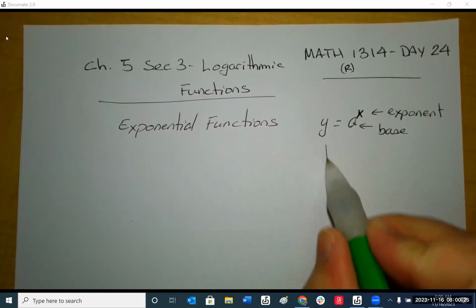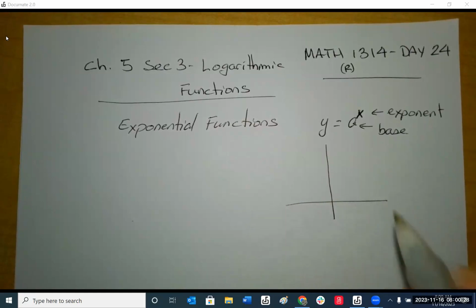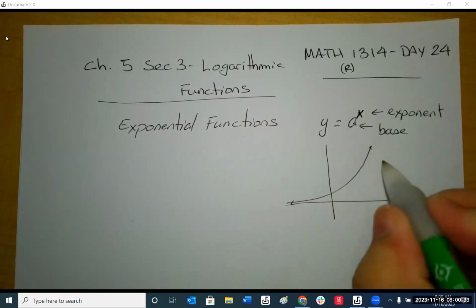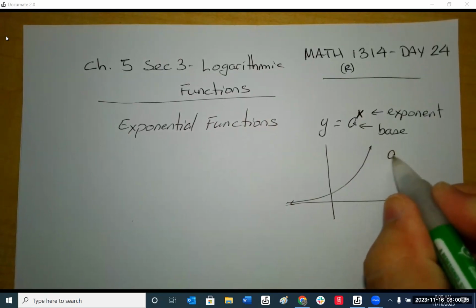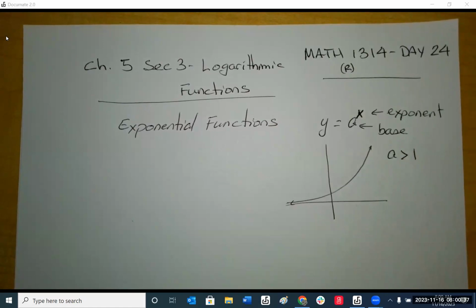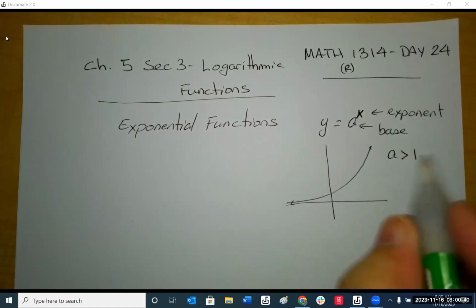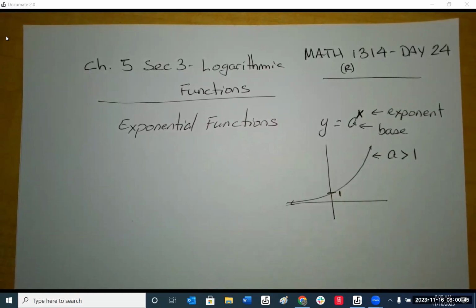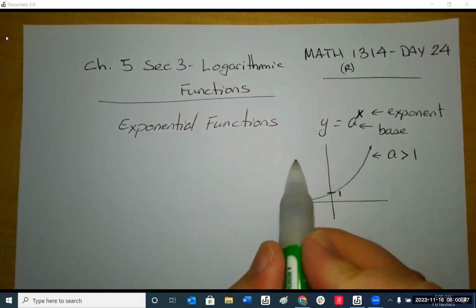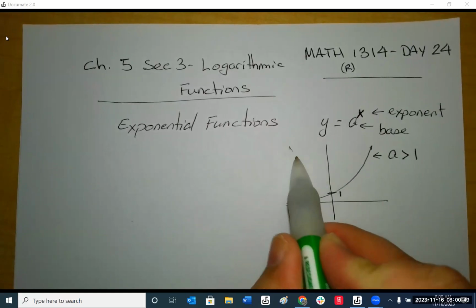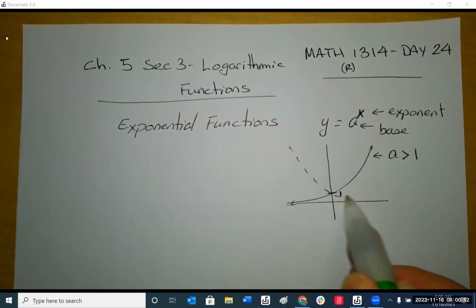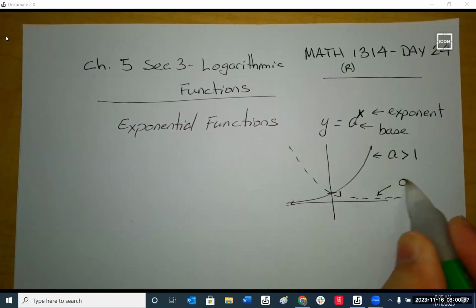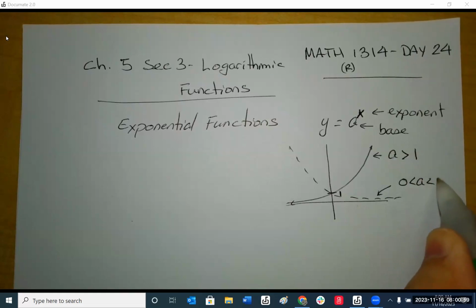The graph of this function, this is if a is greater than 1, and it always crosses through 1. Then we also had another graph that looks like this. That's if a was between 0 and 1.